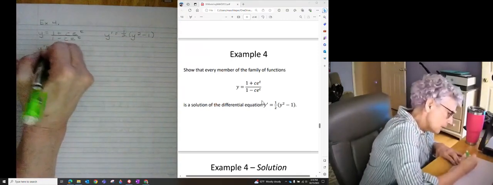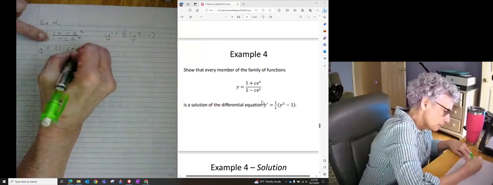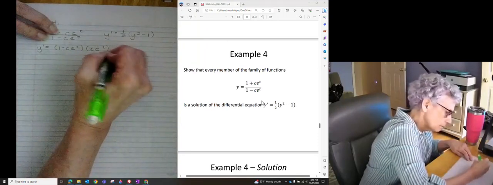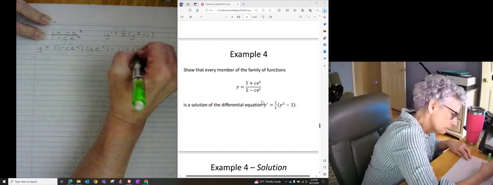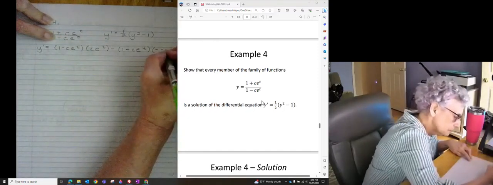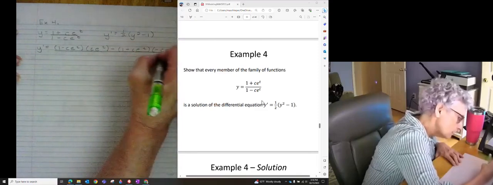So y prime is equal to low d high minus high d low, all over low times low.